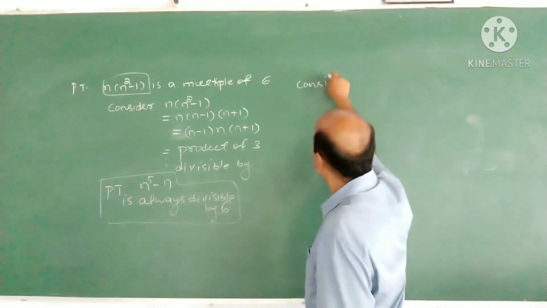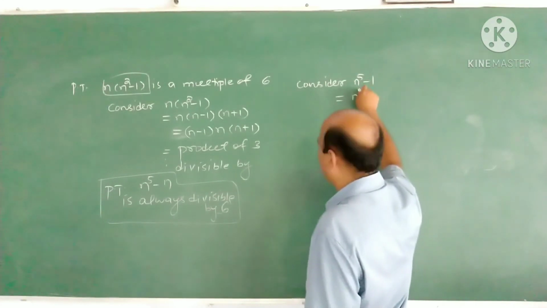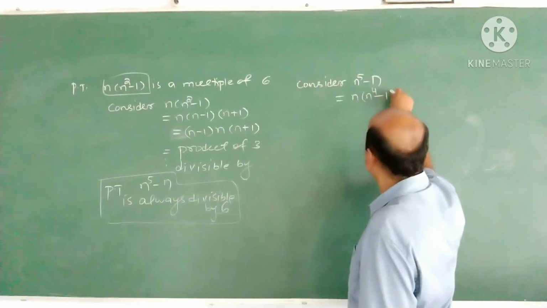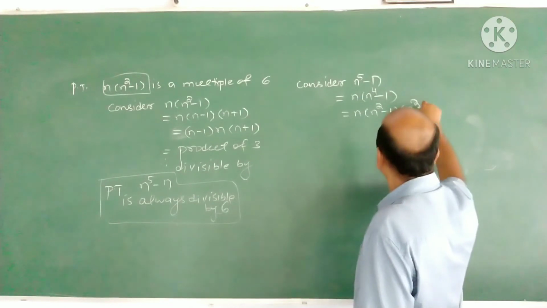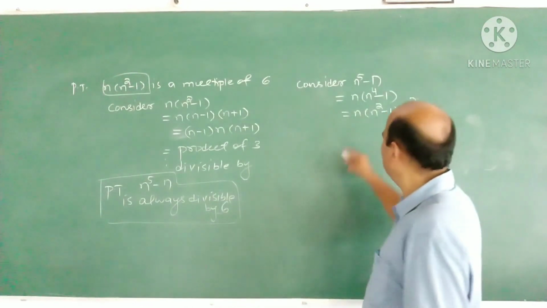Consider n raised to 5 minus n. What is this? n raised to 5 minus n can be written as n into n raised to 4 minus 1, n into n square minus 1 into n square plus 1. We have factorized this.